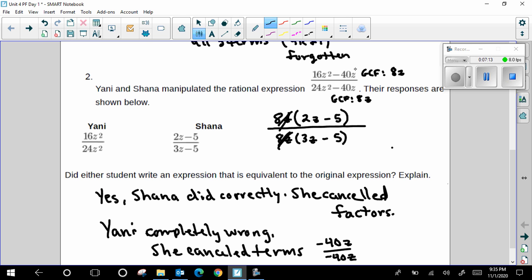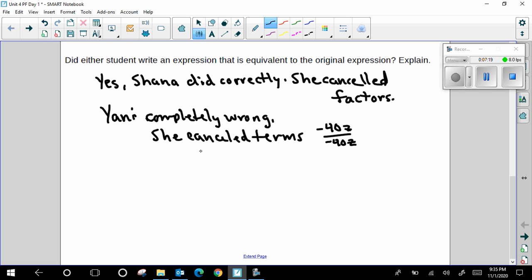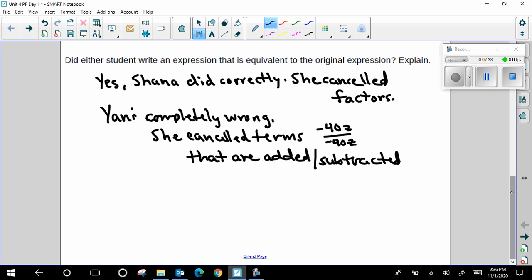So she tried to do this. And those are not factors, they are terms that are being added or subtracted. So in order to cancel out terms, they have to be factors.